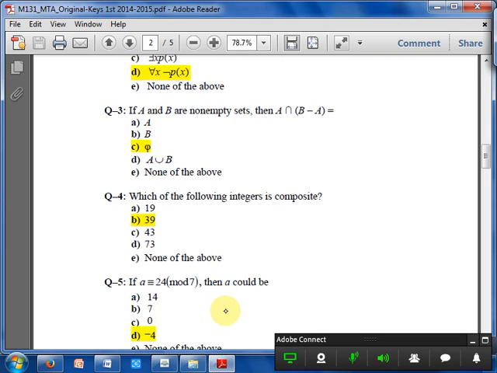Okay, moving ahead. Which of the following is a composite integer? Composite means the number which is not prime. What is a prime number?